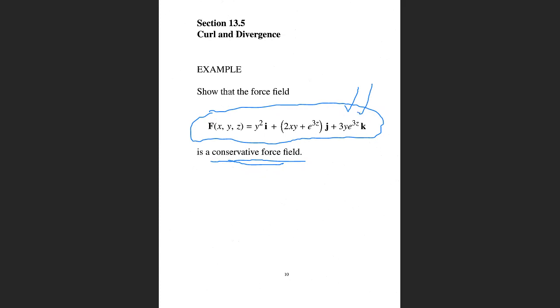So what we're going to do is compute the curl of this force field F. If the curl of F is equal to the zero vector, then that means this force field F has to be the gradient of some potential function, because the curl of the gradient of a function is equal to the zero vector.